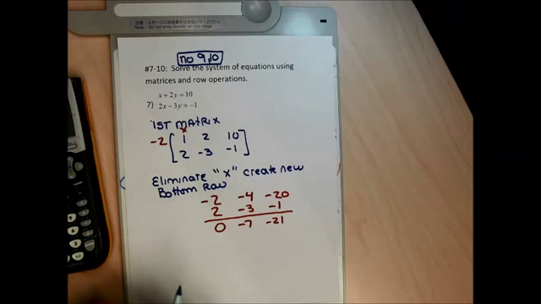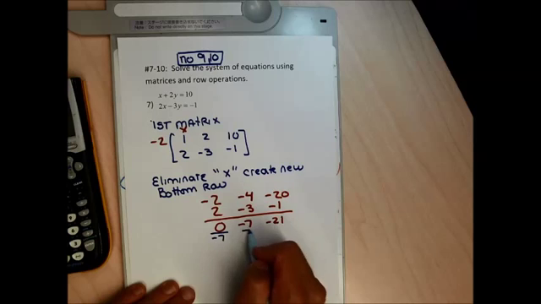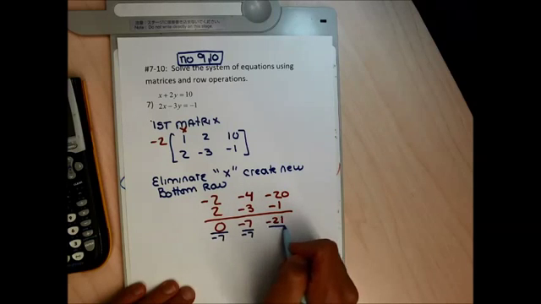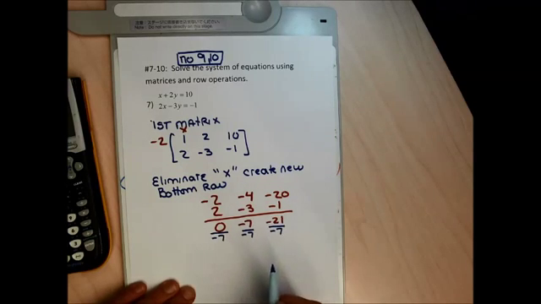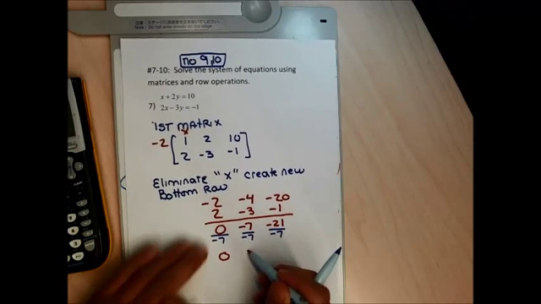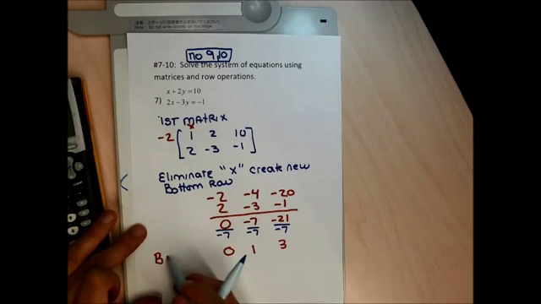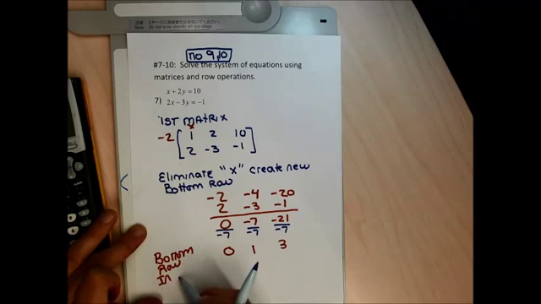Before I create my bottom row, all of these numbers are divisible by negative 7, so I'm going to divide them by negative 7. And this is going to be the bottom row in my second matrix. It's going to be 0, positive 1, and positive 3. We're going to have three matrices.